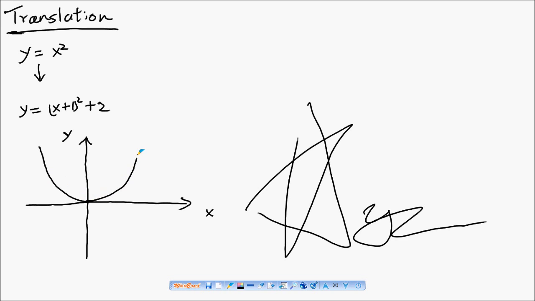Now we have a translation, so the shape doesn't change, the scale doesn't change, only the turning point is changed. Let's describe this translation first. First we translate it 2 units up.